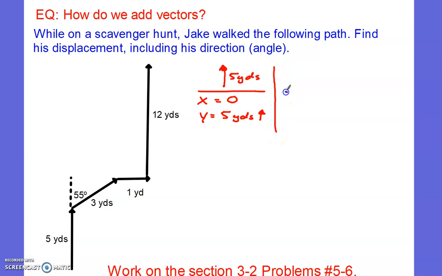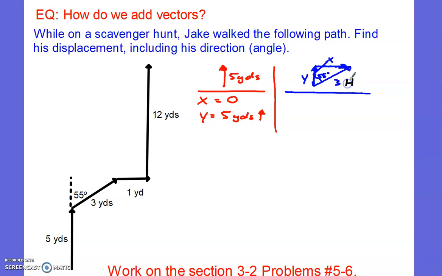The next part of Jake's trip is that he goes 3 yards and he's going to go at a 55-degree angle. And we're going to find the x component and the y component. To do so, we're going to have to do our vector resolution. And so first, I'm going to label the sides.